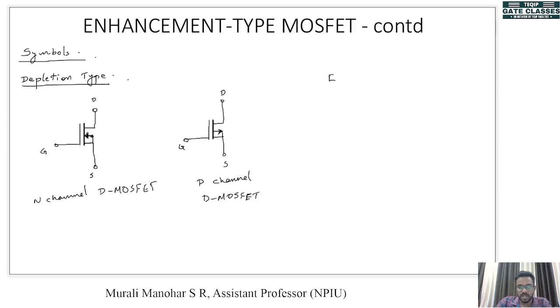Now for enhancement type, the difference is that this shows the channel. So in enhancement type MOSFET, the channel is not formed until we give a positive VGS. So the symbol will look like this.